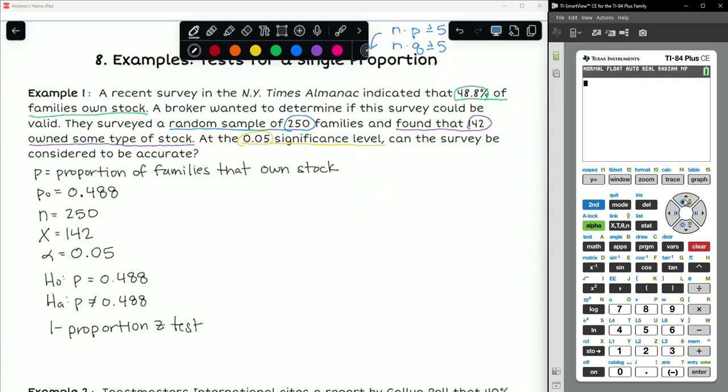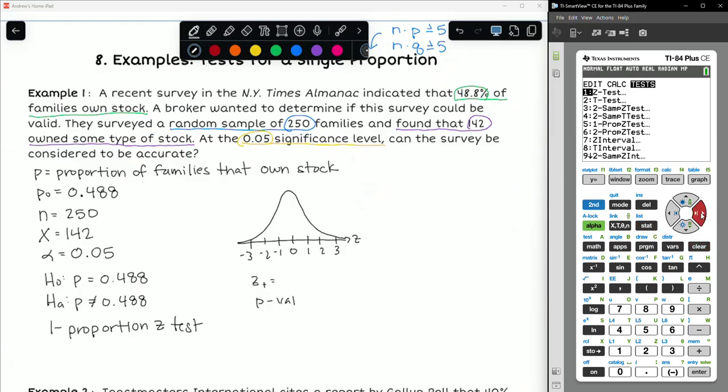And to do that, we're going to go ahead and draw our standard normal curve. And then we're going to use our calculator to find our test statistic and our p-value. So on our calculator, under stat tests, I want 1-PropZTest.